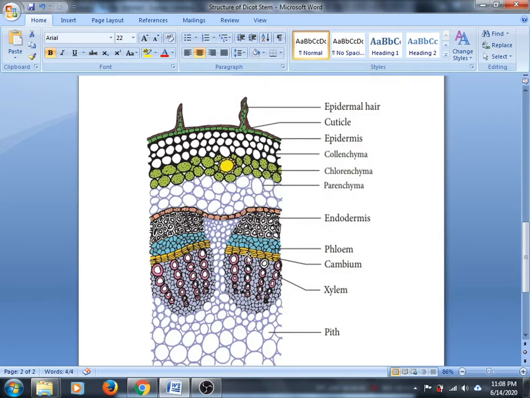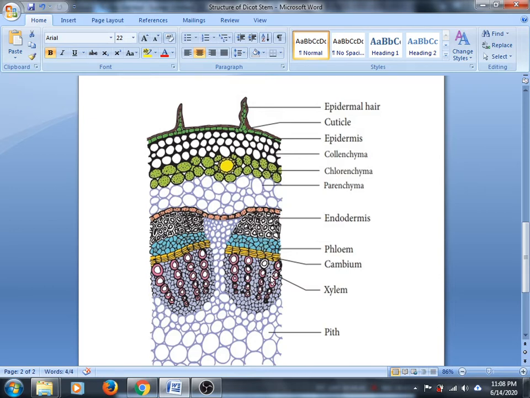But the dicot plant is strong. Due to the presence of cambium, secondary growth occurs. If the cambium is present between the xylem and phloem, it is said to be an open vascular bundle. If the cambium is absent, the vascular bundle is said to be closed.